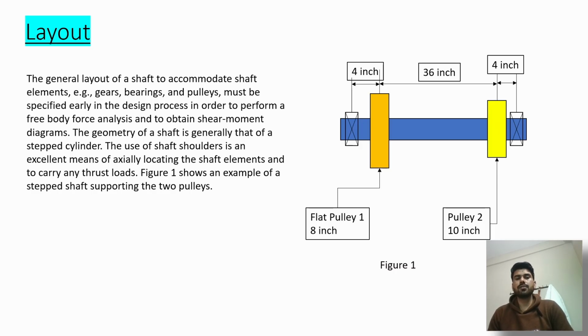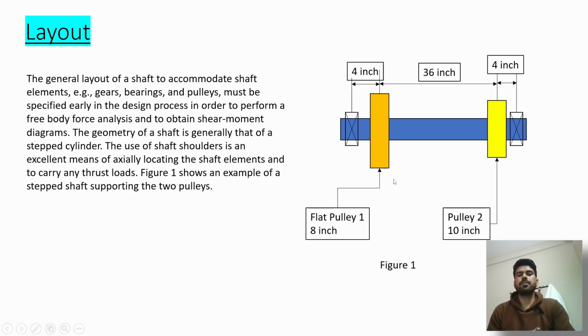The geometry of a shaft is generally that of a stepped cylinder. The use of shaft shoulders is an excellent means of axially locating the shaft elements and to carry any thrust loads. Figure 1 shows an example of a stepped shaft supporting the two pulleys.